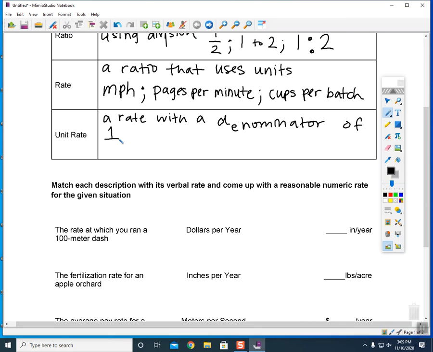Pages per 1 minute, cups for 1 batch. So that's what we're talking about when we're talking about a unit rate. We're talking about how much of the first thing do I need for one of the second thing.